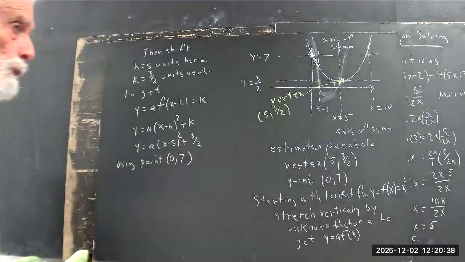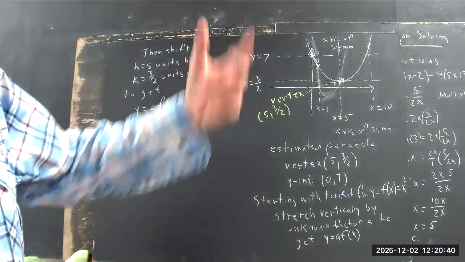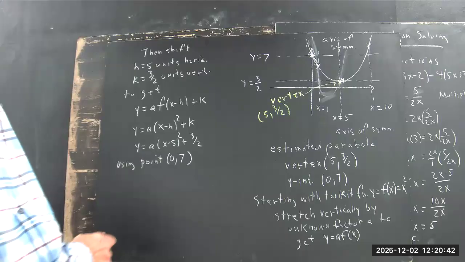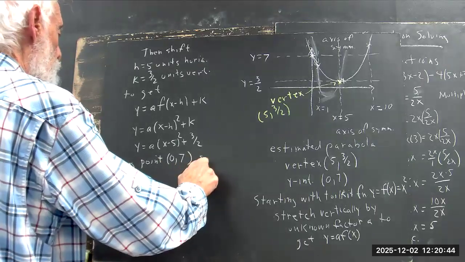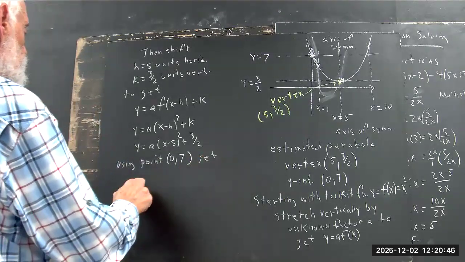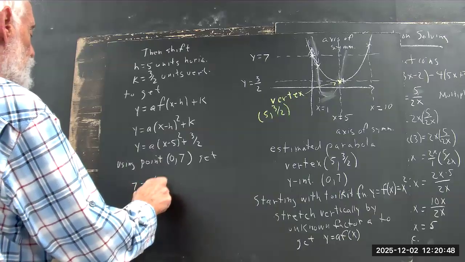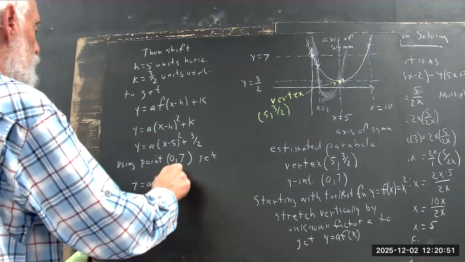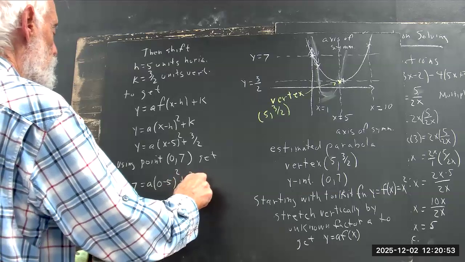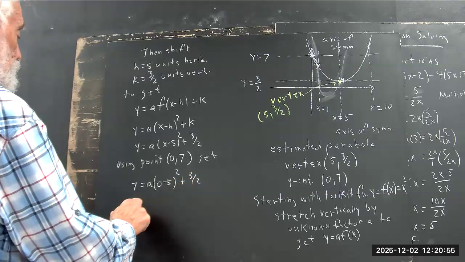Using the point you selected, which happens to be the y-intercept, (0, 7), we get 7 equals a times (0 minus 5) squared plus 3/2.